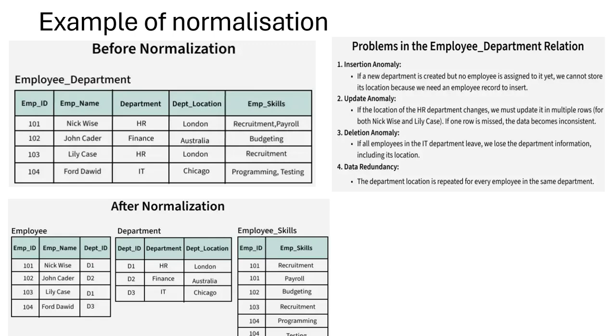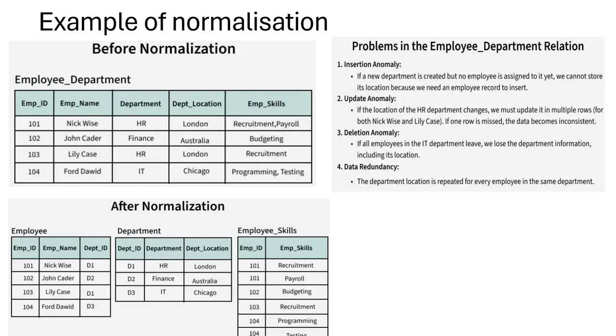If one row is missed, data becomes inconsistent. So if a record updates in another table, we need to update all the dependent tables. But if we normalize our data, we can use our keys to just query from the main table. It means we need only update in one table.